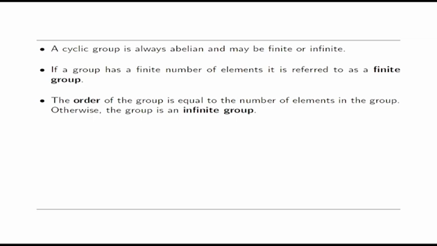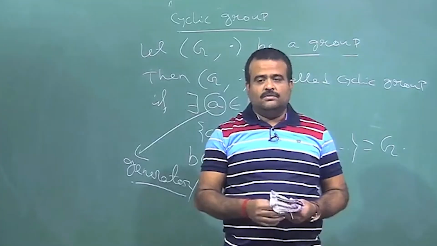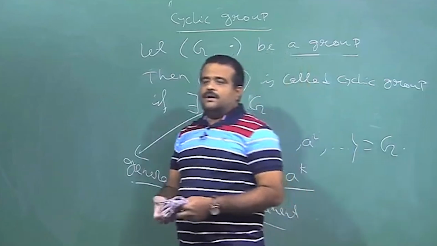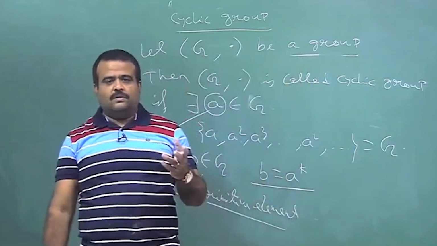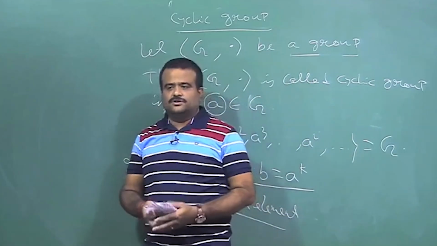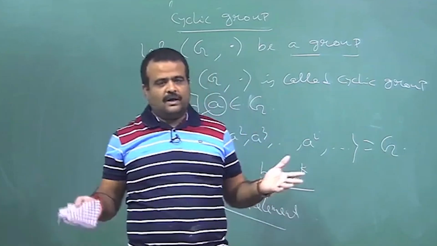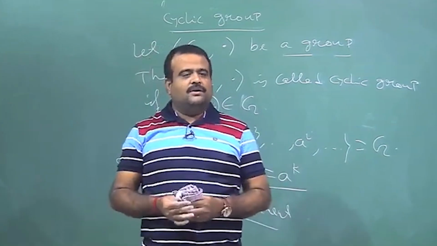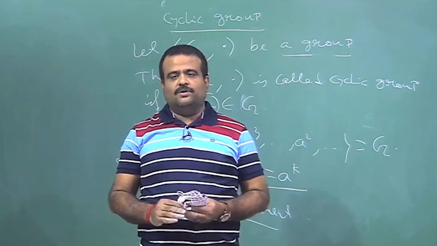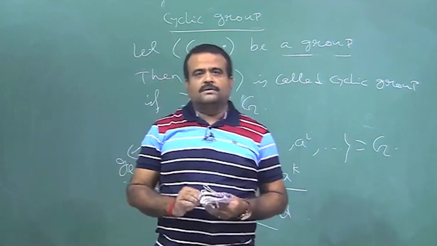It can be shown easily that a cyclic group is always abelian, but it could be finite or infinite. If it is finite, that will be useful for our computers, because a computer has a finite memory. Cyclic groups have an important role in cryptography. Thank you.